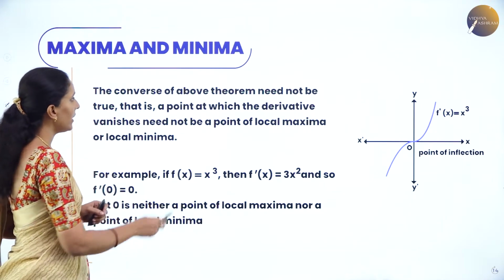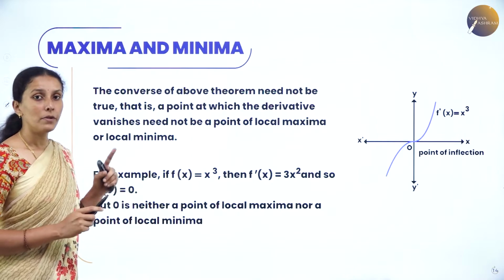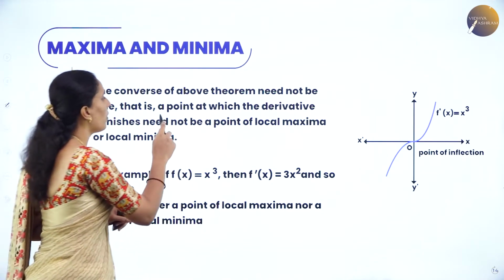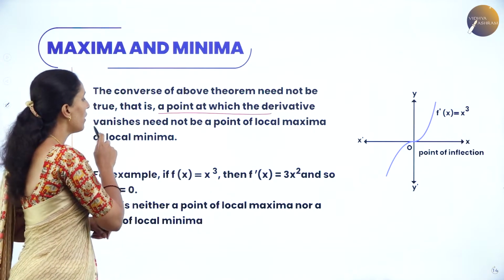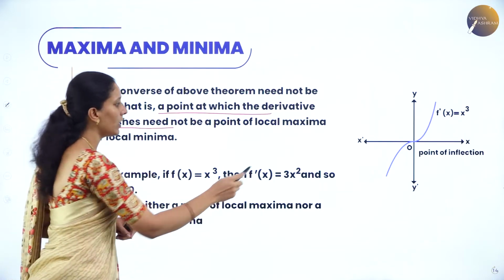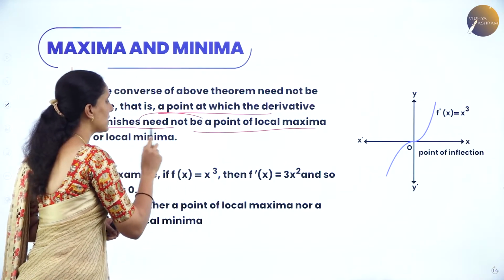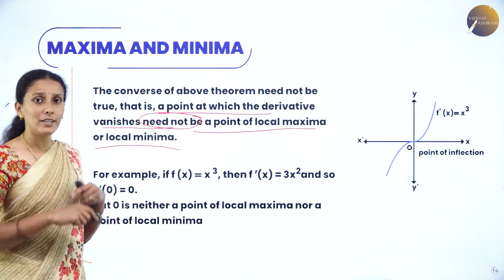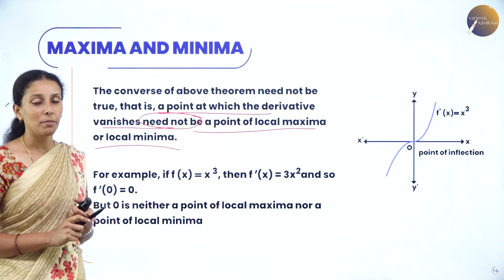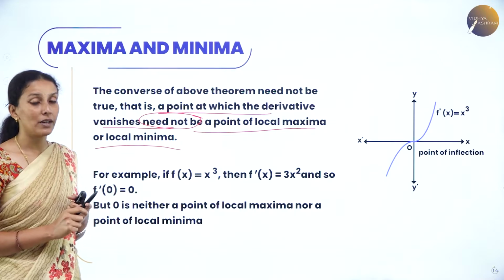So here you can see the converse of the above theorem need not be true. That is, a point at which the derivative vanishes need not be a point of local maxima or local minima. It is not always a point of local maxima or local minima where the derivative becomes 0.